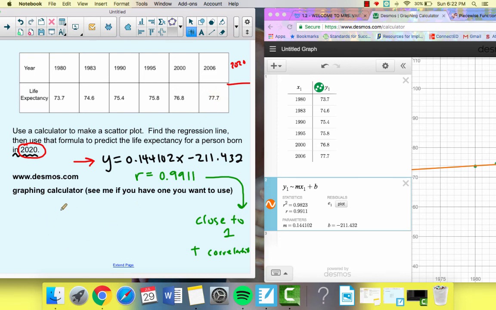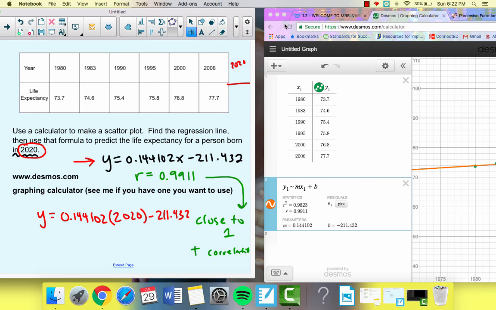So we can go ahead and plug that in. So we'd have y equals our slope times the year 2020, and then minus 211.432. So you guys could plug this into your calculator and get that value, and then you would know roughly what the life expectancy would be for someone who was born in 2020.